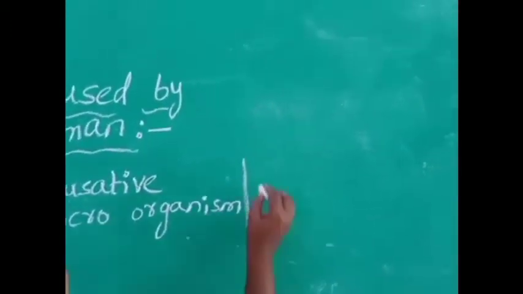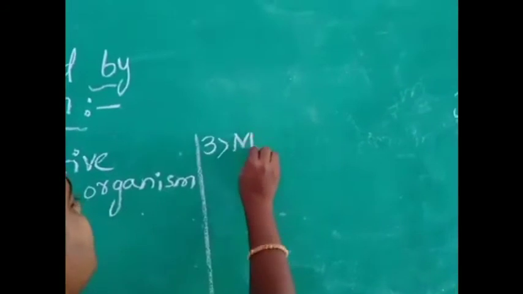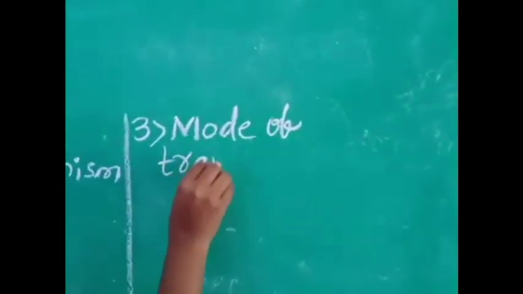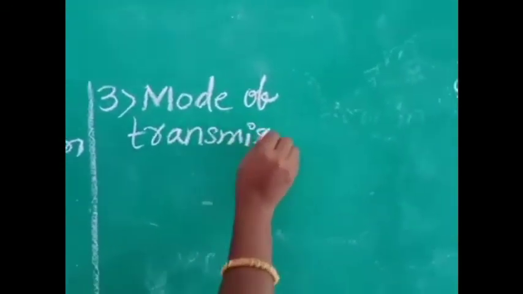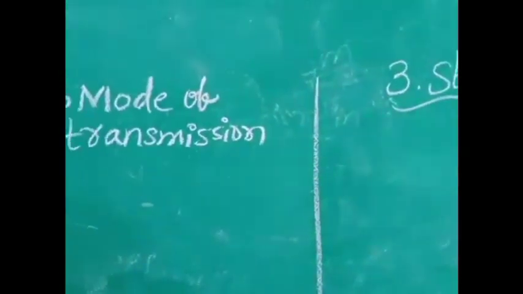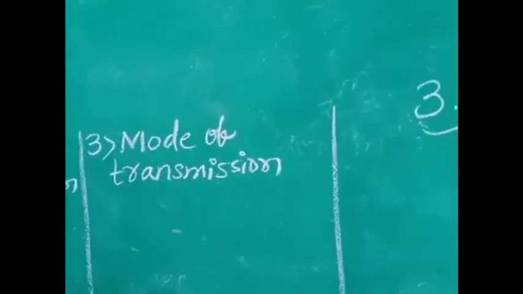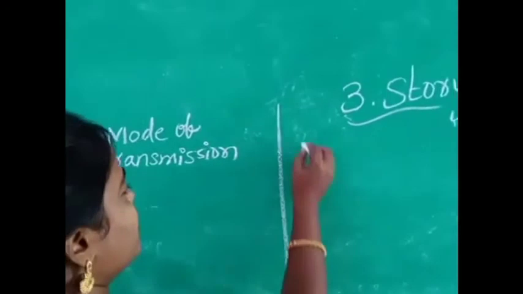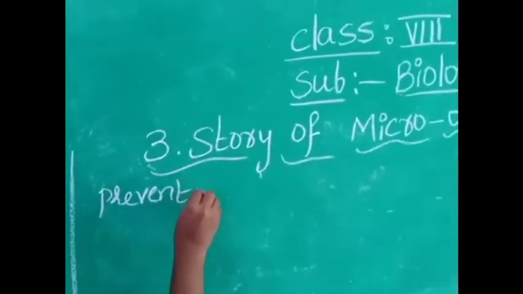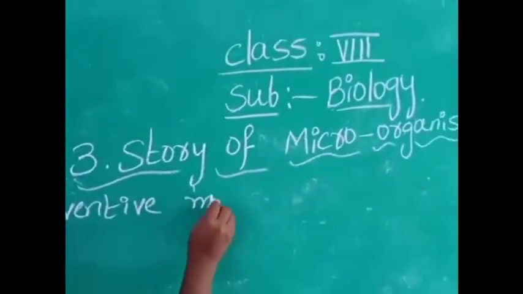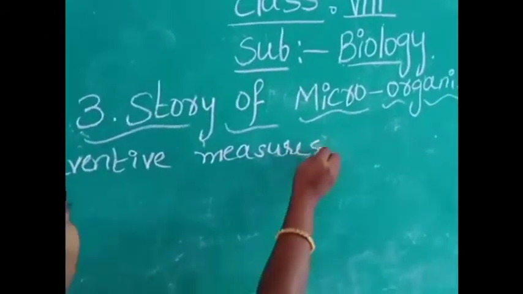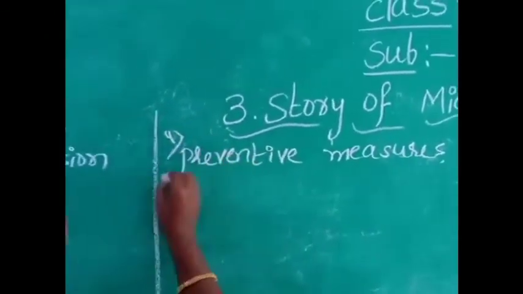The third one, mode of transmission, which means how the disease spreads from one person to another. Next, preventive measures. How can we prevent the disease? Preventive measures, the fourth one.